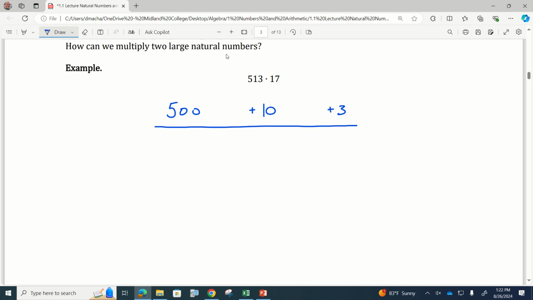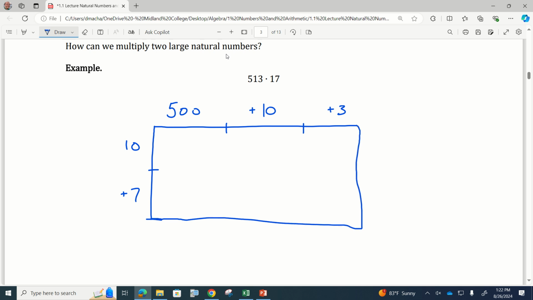So I've got this line segment and the length is 513, but I could chop it up into 3 pieces where the lengths are 500, 10 and 3. And I could do the same thing with 17. I could say 17 is the same thing as 10 plus 7, and break that line segment that has length 17 into 2 pieces.